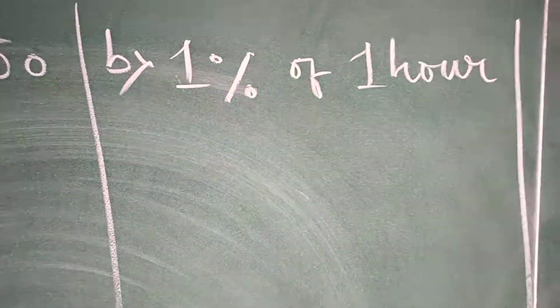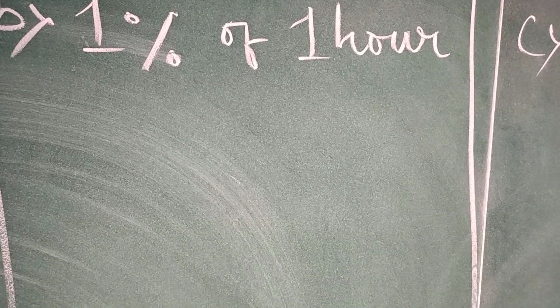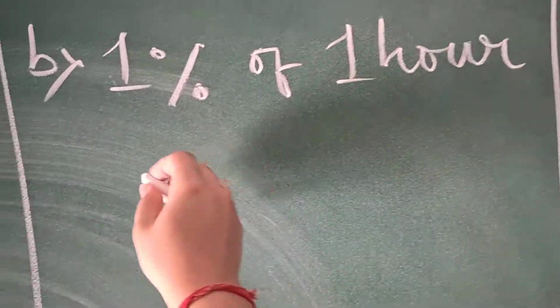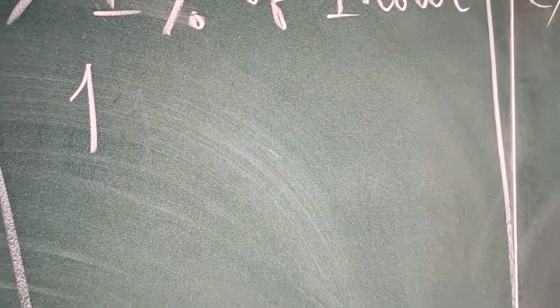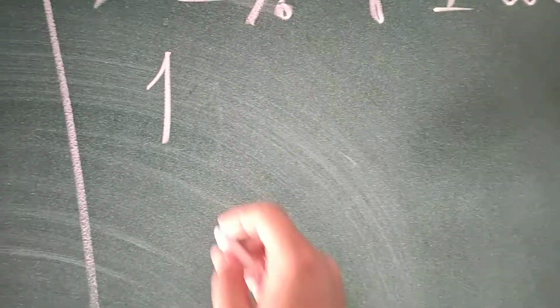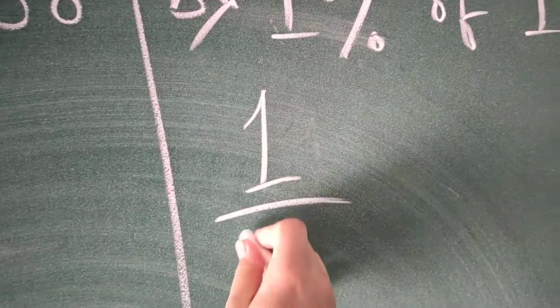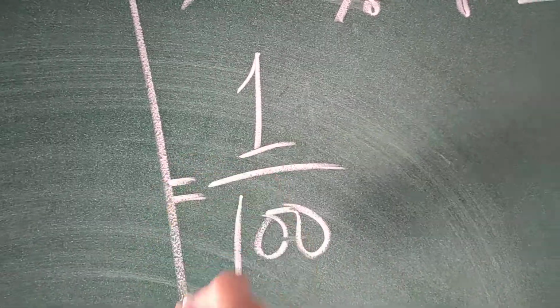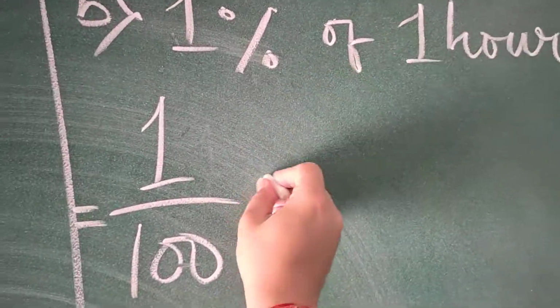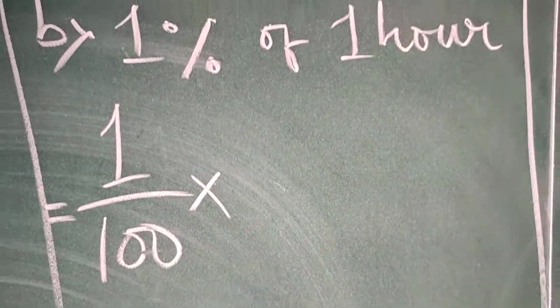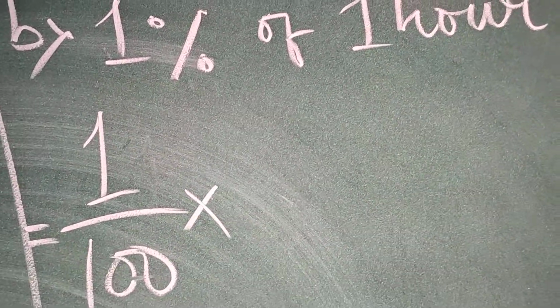Okay, so now proceeding to the next part B, we have 1% of 1 hour. So first of all, what we have to do? 1% should be converted, or the percentage should be removed. That is done by dividing by 100. Now "of" will be multiplication, but 1 hour is not possible, right?